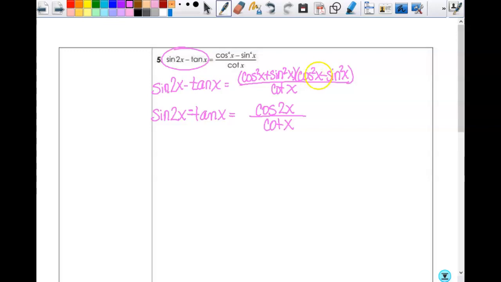Double angle, cosine squared minus sine squared. It is not -1, no. Because we know that cosine squared x plus sine squared x equals 1, right?